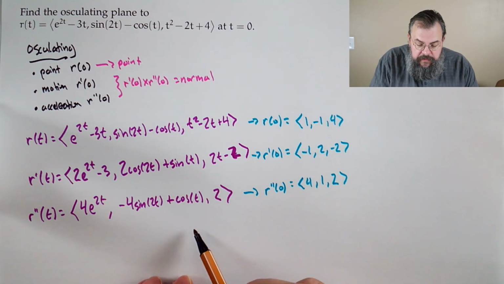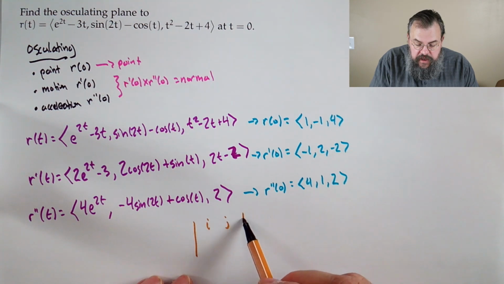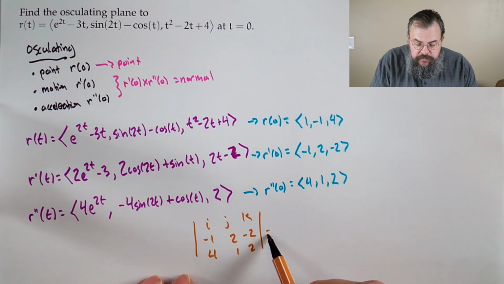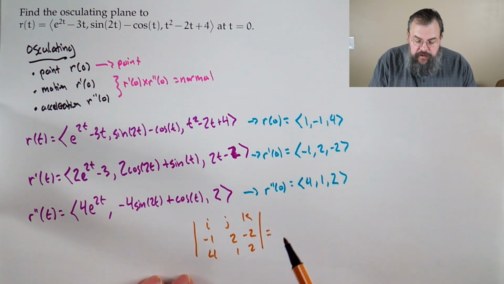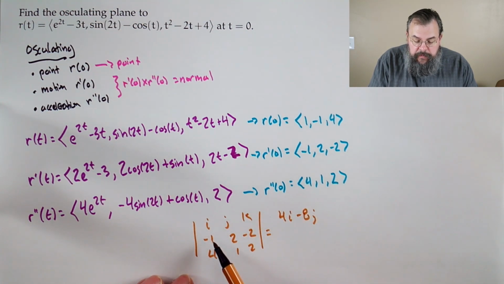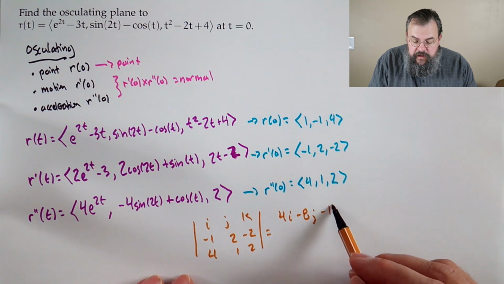So we have i, j, k, minus 1, 2, minus 2, 4, 1, 2. So i times 2 times 2, 4i, j times minus 2 times 4, minus 8j, k times minus 1 times 1, minus k.